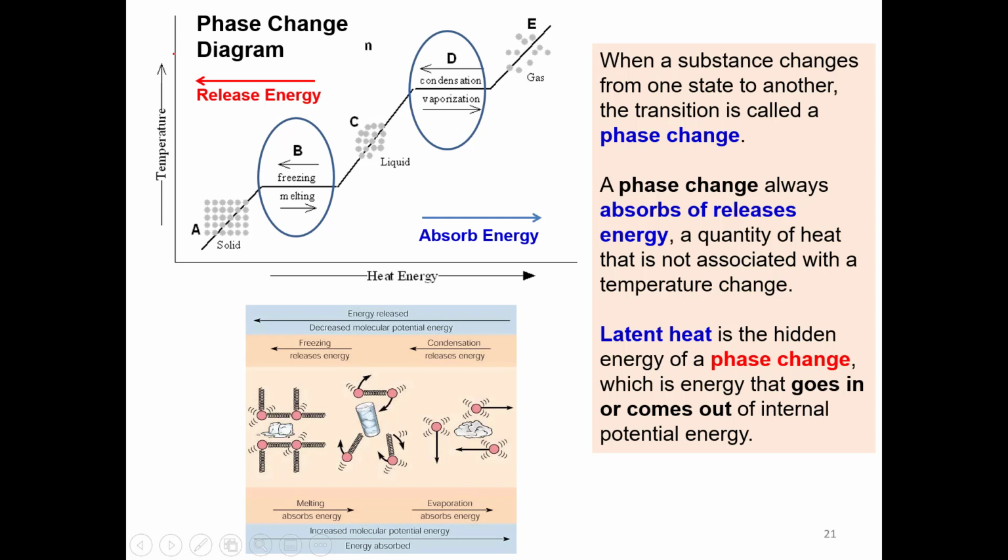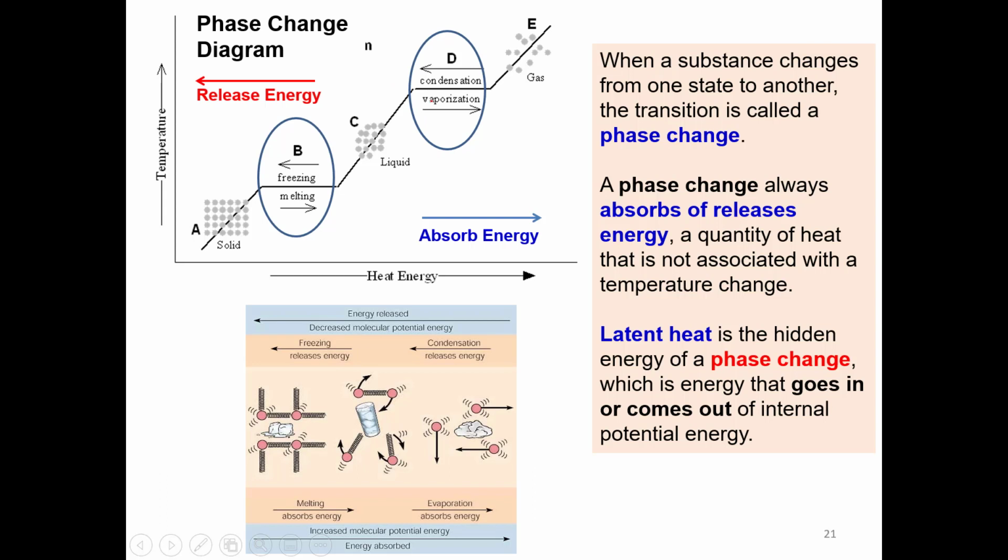And why does this happen? Because all the energy is used in the phase change. The energy changes the potential energy of the molecules. Yes, it changes the internal energy of the molecules of the substance.